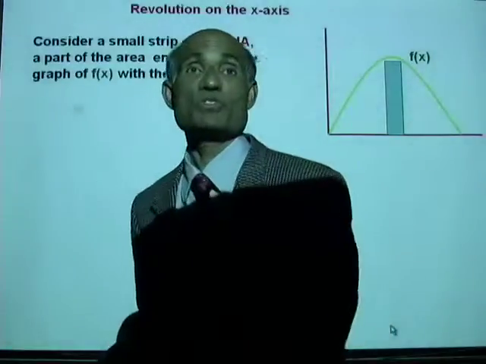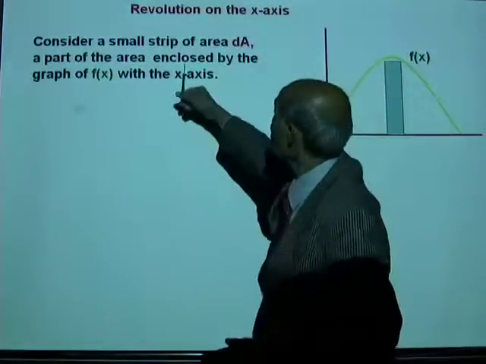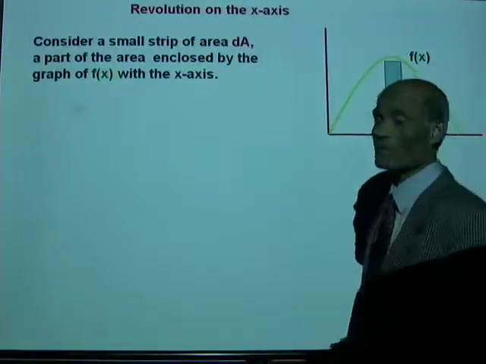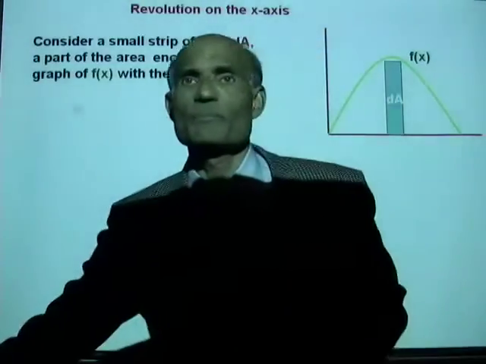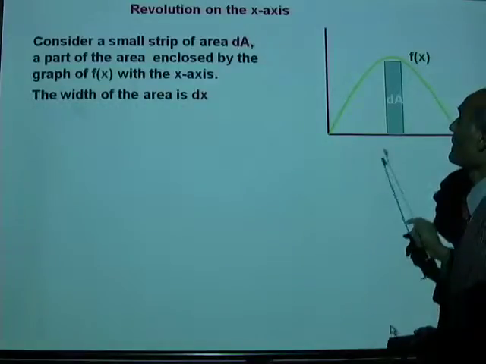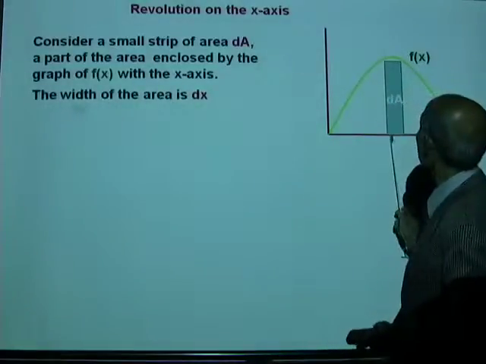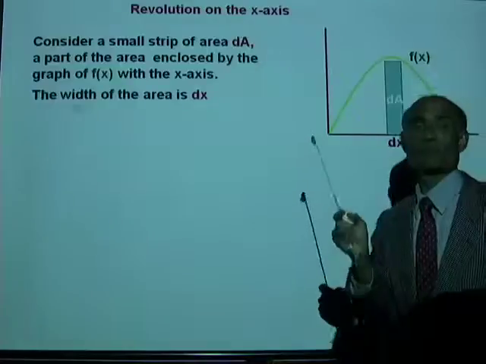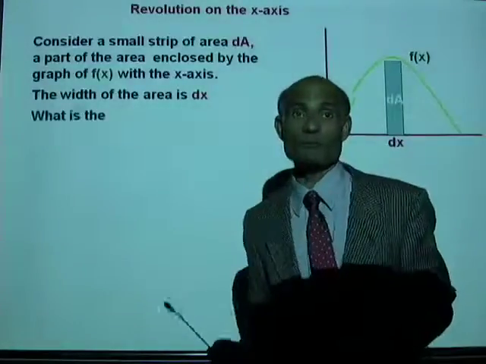All right, so consider a small strip of area dA. Now this area is dA. Now the width of that is dx, and that dx is actually very small.